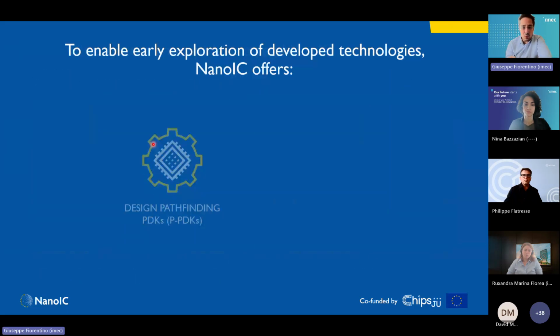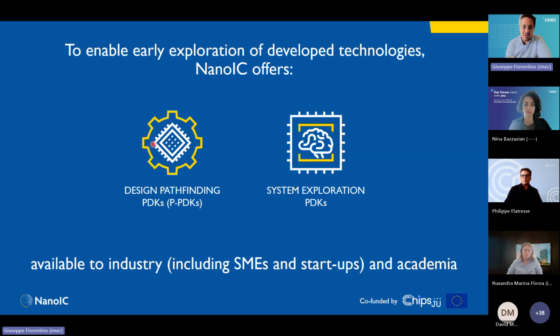What do we offer in terms of fabrication, in terms of really access to these technologies? Well, we offer two different services: design pathfinding PDKs and system exploration PDKs. Design pathfinding PDKs try to provide Europe with items that can help designers and engineers get familiar with these advanced technologies, things that really cannot be accessed through other services.